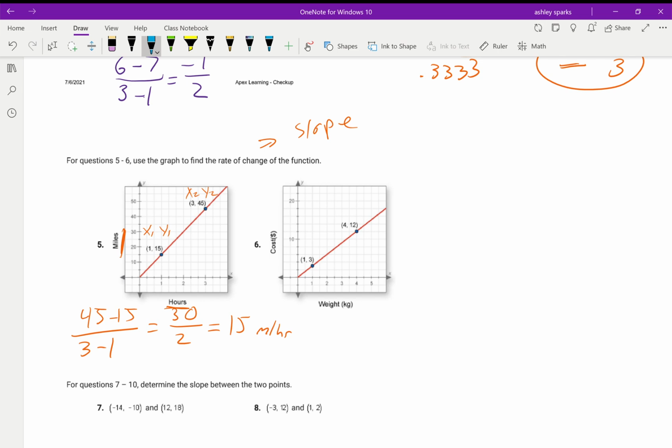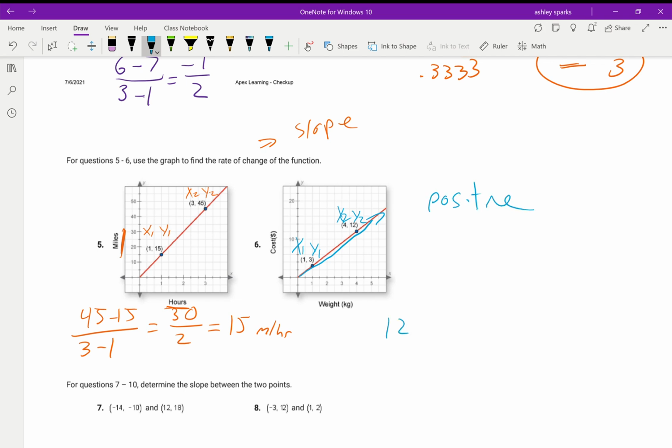So once again, we have an x1, y1, x2, y2. This is just another check to do. It's going upward, so I'm thinking I should get a positive answer.